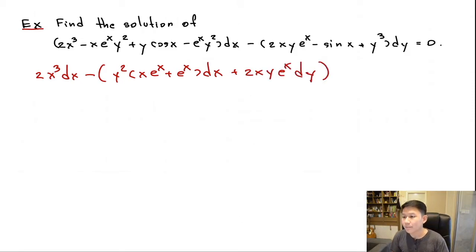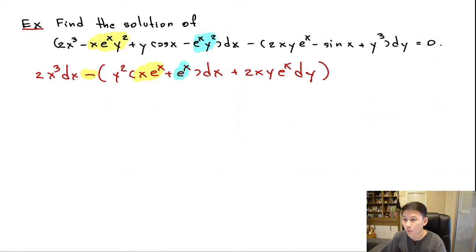Is that okay? That's okay. Because here we have this guy, right? I just pull y squared out. And we have the minus signs here. Similarly, here, x e to the x, y squared is from this.